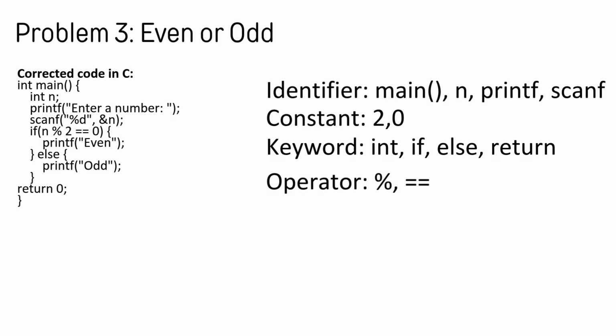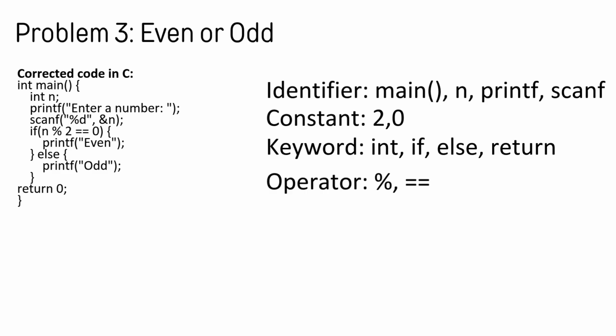Then again printf, which I previously said is an identifier, and in double quotation marks they wrote even and odd, which is actually text. Return is also a keyword here. So from the code, we can easily identify the tokens: identifier, constant, keyword, operators.